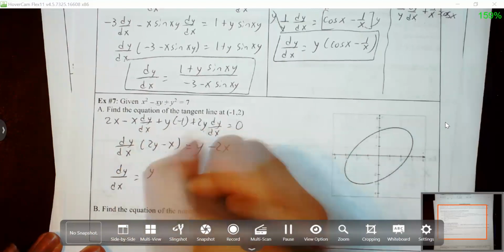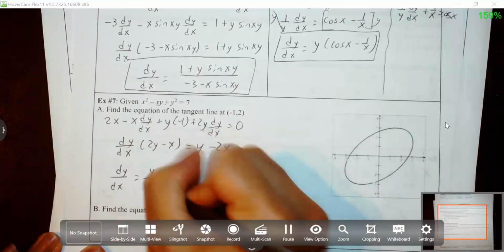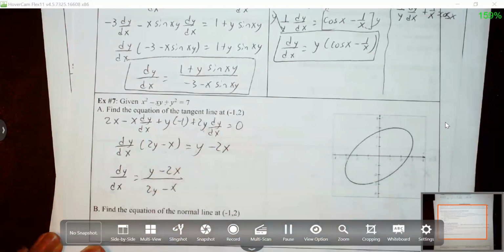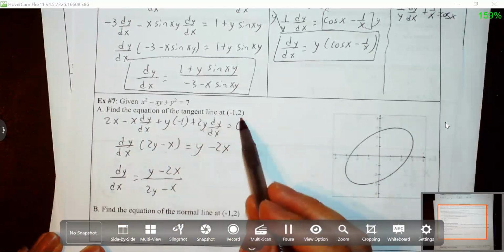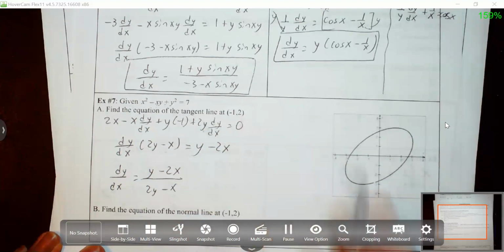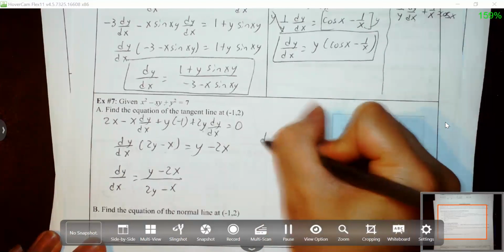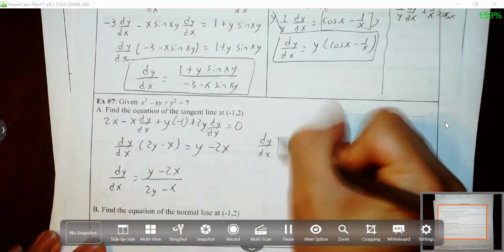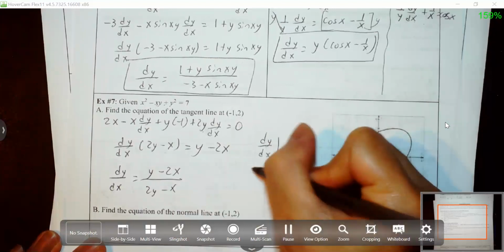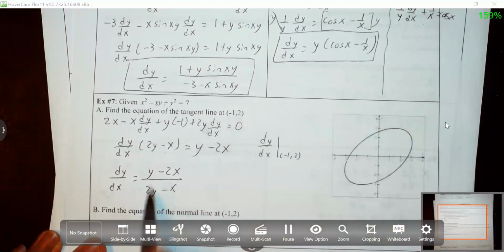So this is the derivative. But I want to find the value at -1, 2. So let's go ahead and do the math here. If I want to find dy dx at -1, 2, then I just plug in -1 for x, 2 for y.